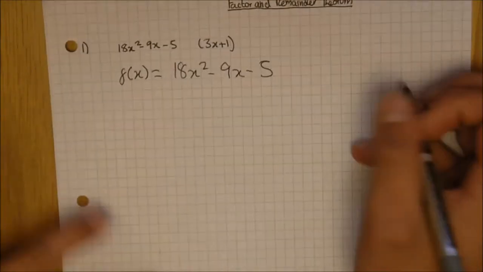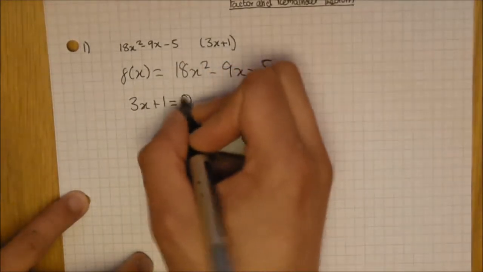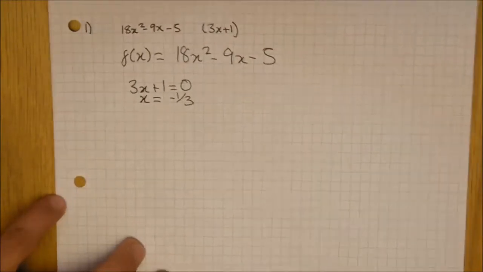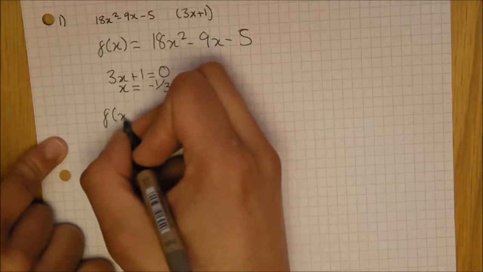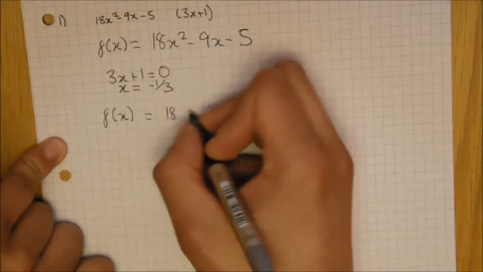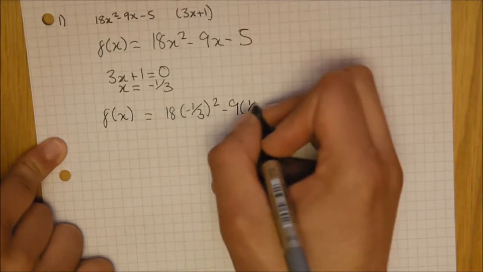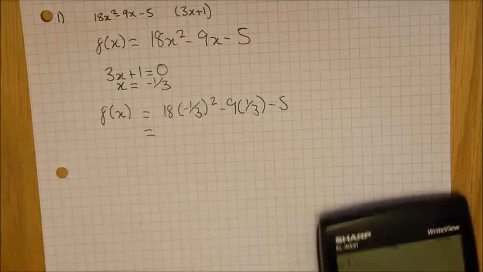Now then, quite simply, 3x plus 1 equals 0, so x is going to be minus 1/3. Agreed? So now what we do is we sub minus 1/3 into the equation. So what do we have here?